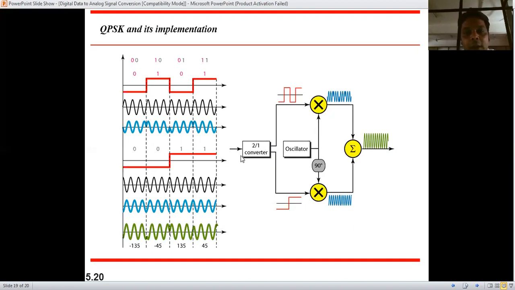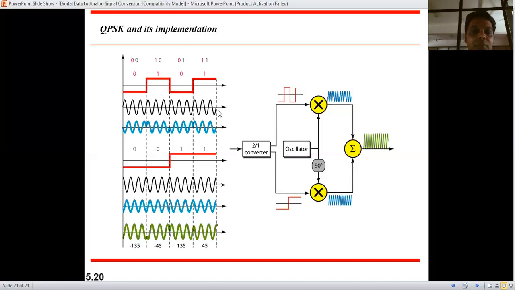For the multiplexing process, we are using a 2x1 converter, where two different carrier frequencies are used to produce one analog signal. Here you can see this carrier signal is used and this carrier signal is used.